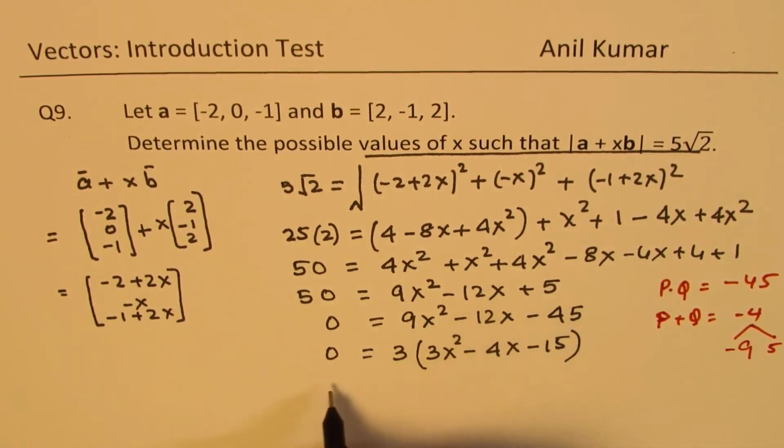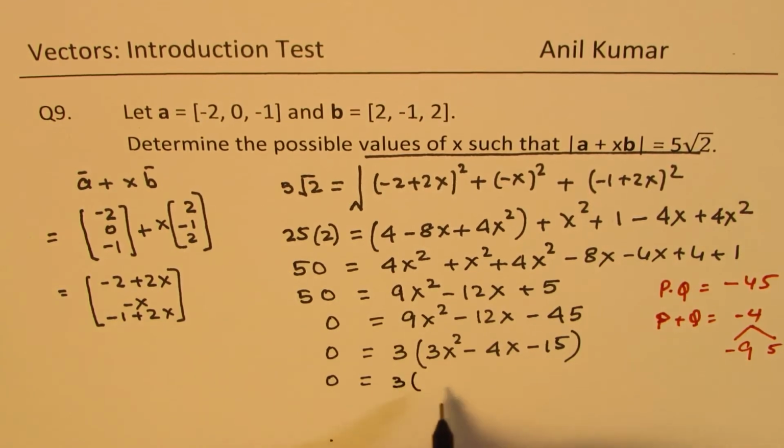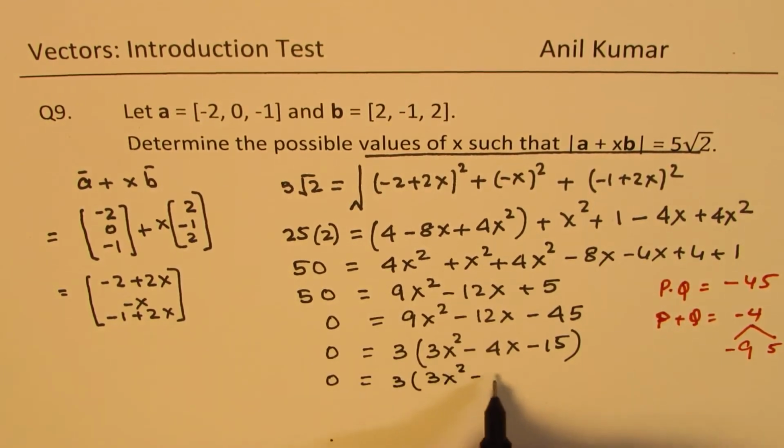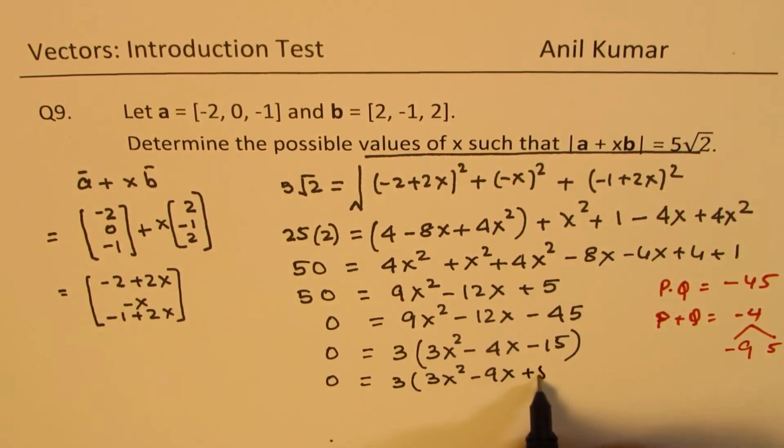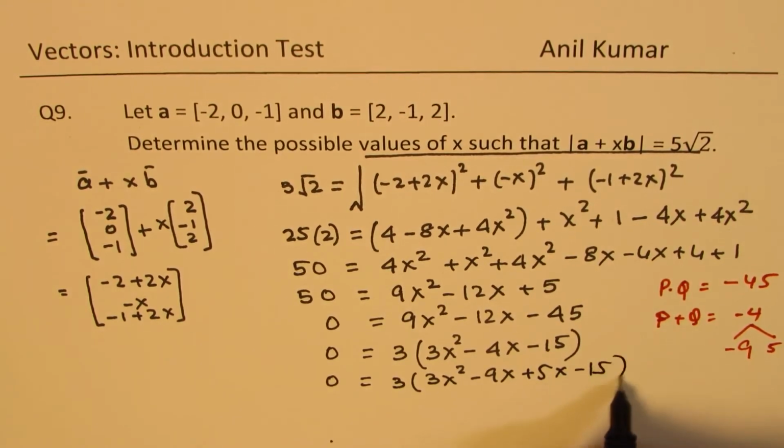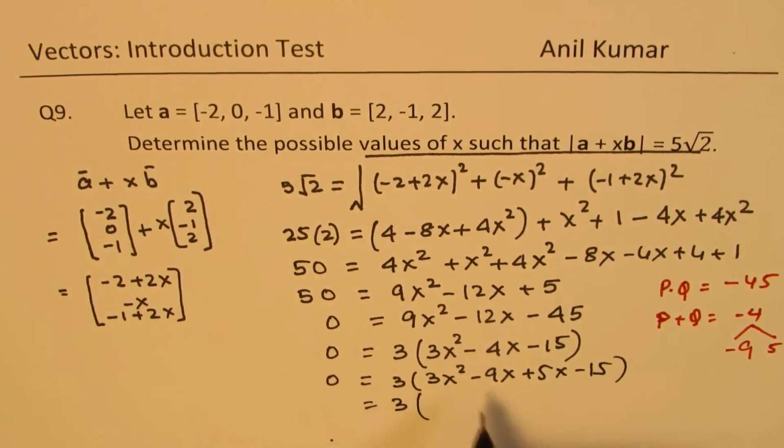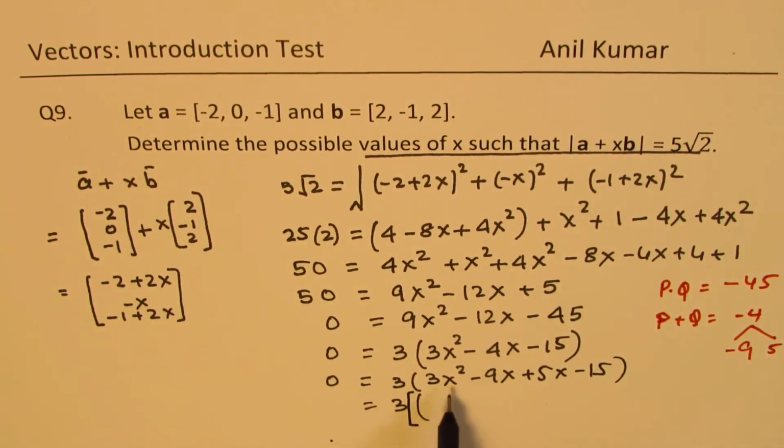So let's factor. We get 3 times (3x squared minus 9x plus 5x minus 15). That gives us 3 times. In this we have a common factor 3x, so let me write 3x times (x minus 3).